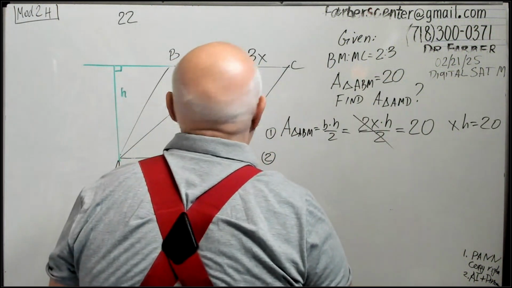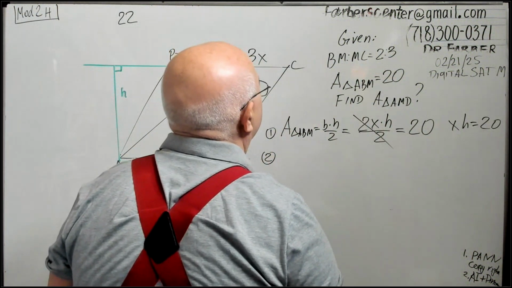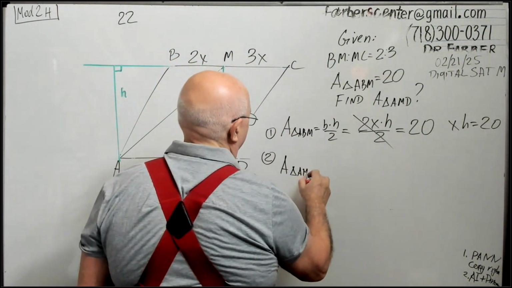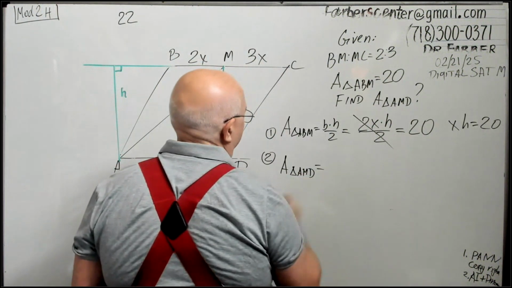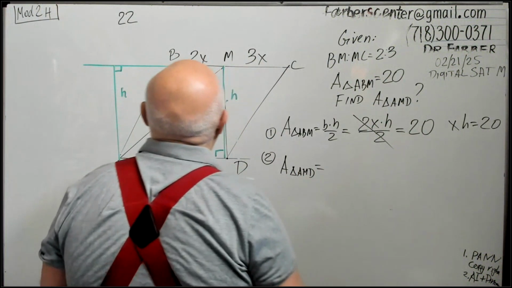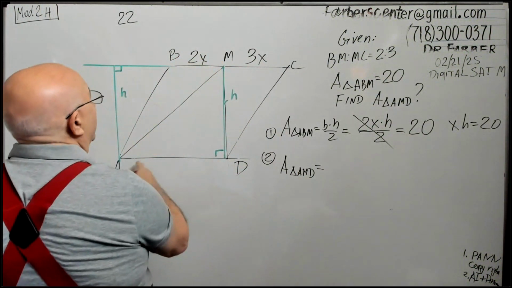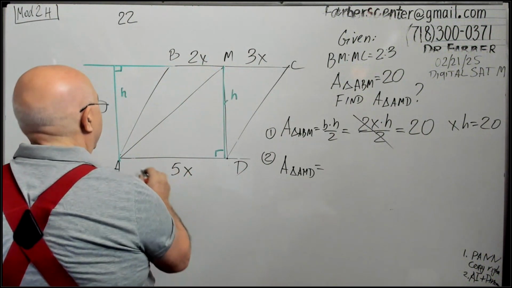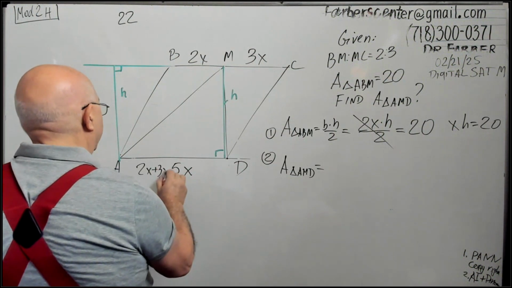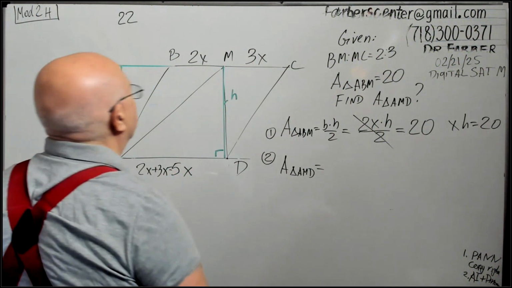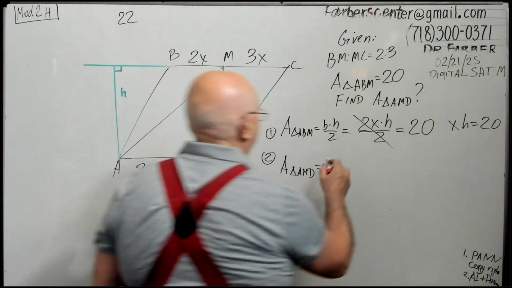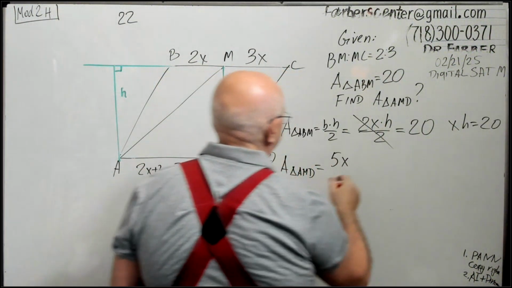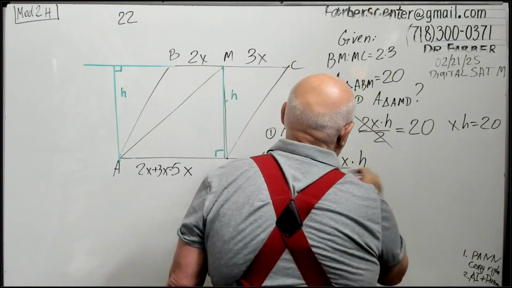Step number 2. Area of triangle AMD equals also base times height divided by 2. In this case, the base AD is 5x, which is 2x plus 3x. Opposite sides of a parallelogram are congruent. So 5x times height divided by 2.